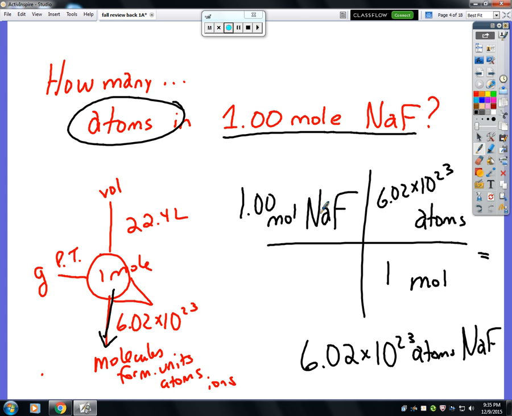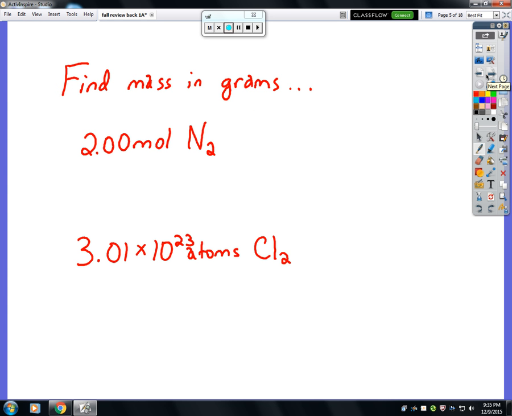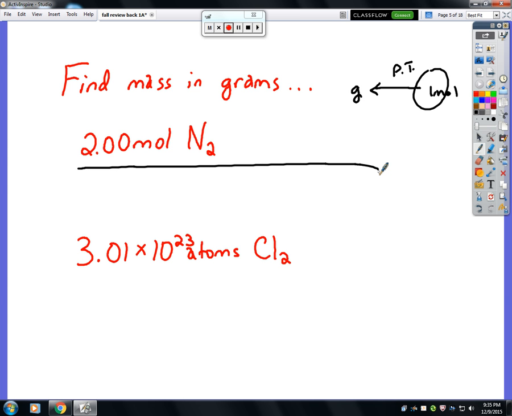Now, let's go to the next one. And no, I don't have a map, but I'll draw a partial one. Mass in grams, what am I doing? I'm going from moles back to grams for this. I have 1 mole here. I pass the periodic table and I'm going to grams. So, I know I have 2 moles of nitrogen. By the way, fix this on your worksheet because N is N2, right? Diatomic. Hydrogen, nitrogen, chlorine.